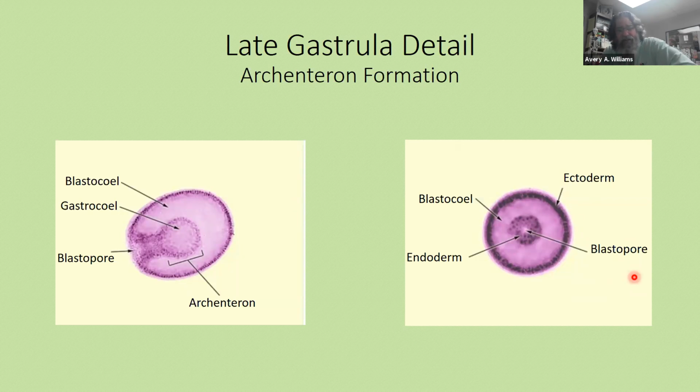So right here is kind of a pivoting point in development, because this blastopore in all animals that are developing is going to go on to form one of two things. Remember I said your archenteron is forming your gut, and your gut has two openings to the outside world. One, your mouth, and the other, on the other end, is your anus. And so what is this going to be? Is this blastopore going to be the mouth, or is it going to be the anus?